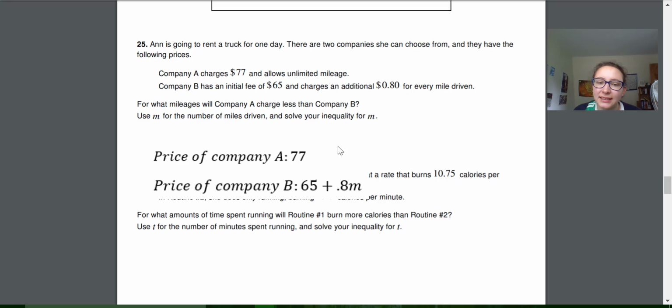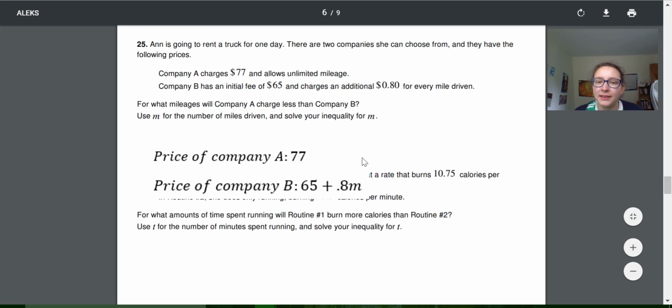So that would be 65 plus 0.8 times M, or 0.8M. So that's the amount that Company B charges. Now they're asking, for what mileage will Company A charge less than Company B? So we want to set this up where 77 is less than 65 plus 0.8M.